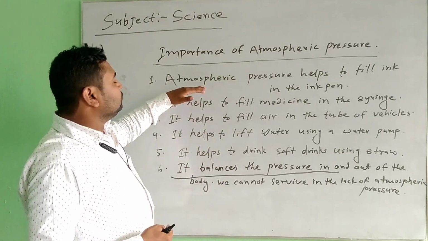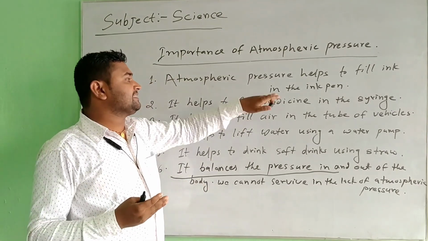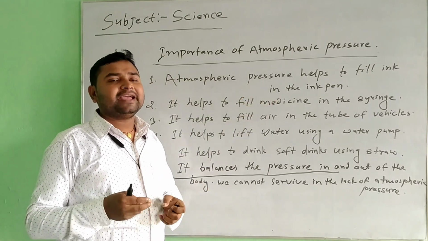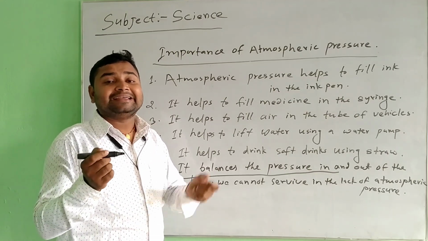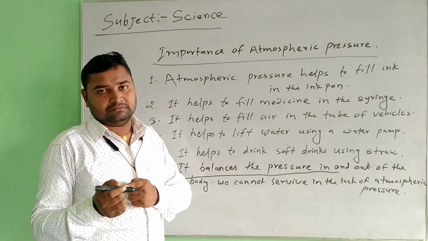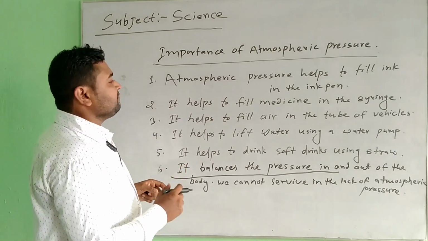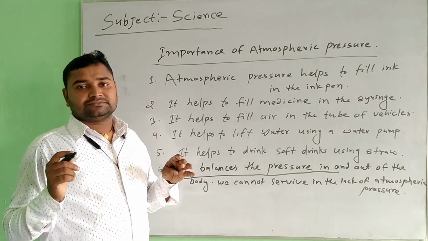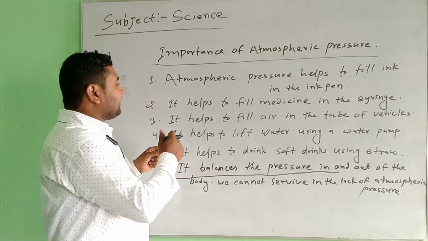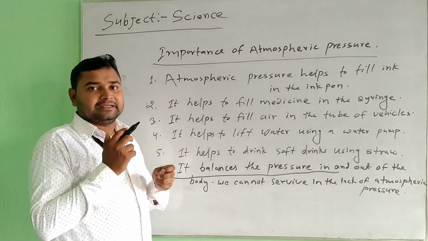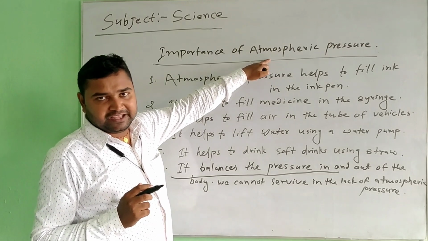Another is that atmospheric pressure helps to fill the ink inside the pen. By the help of atmospheric pressure we can fill the ink inside the ink pen. Another is, we have seen doctors injecting injections. They can fill the medicine in the syringe with the help of atmospheric pressure.